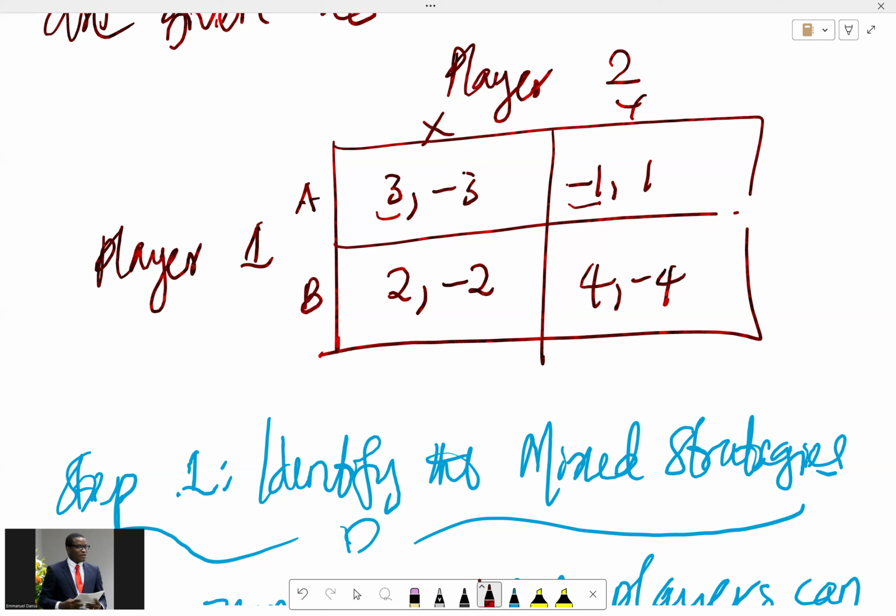So P times 3Q minus 1 times 1 minus Q, then 1 minus P. So for strategy B now, 1 minus P, 2Q, then plus 4 times 1 minus Q.